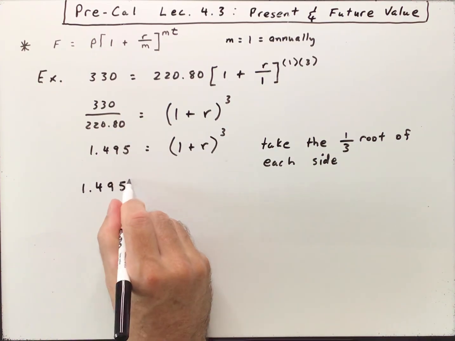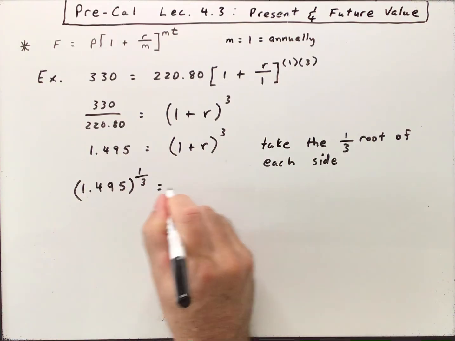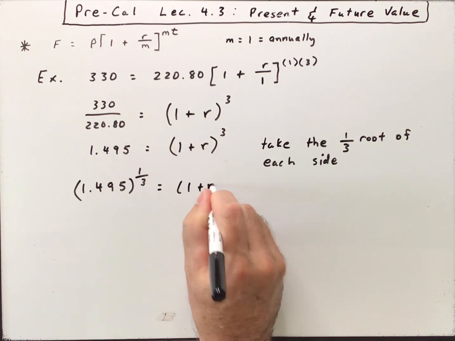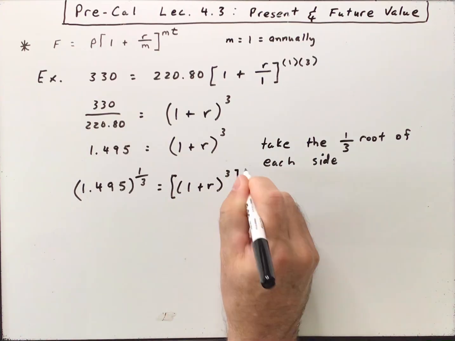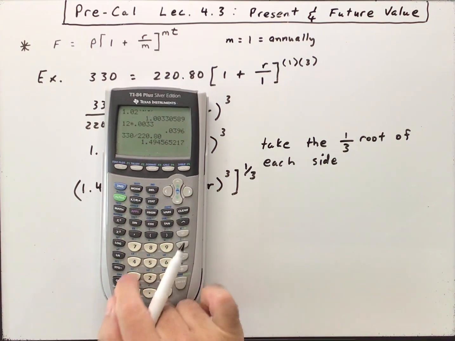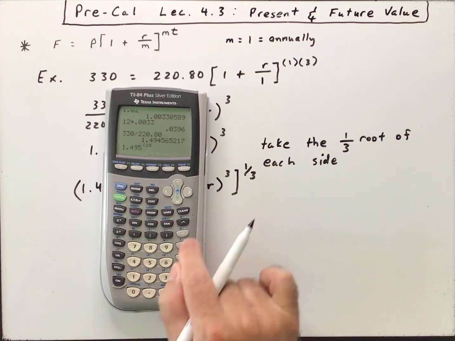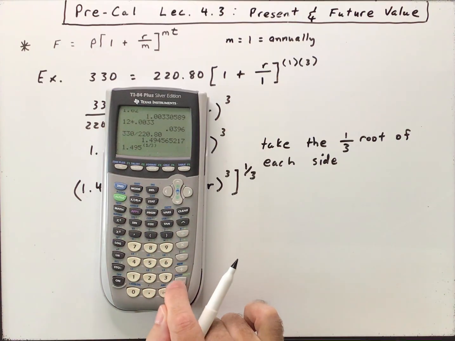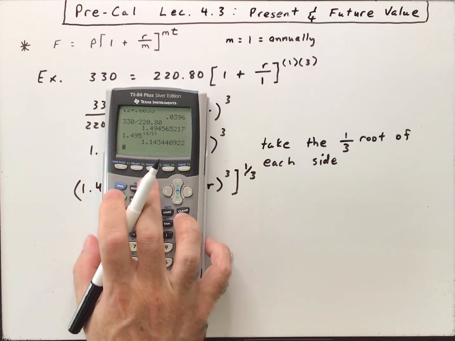1.495 to the 1/3 root is equal to 1 plus R cubed taken to the 1/3 root. So 1.495 raised to the 1 divided by 3. I like to put them in parentheses just to be sure. That's 1.143.